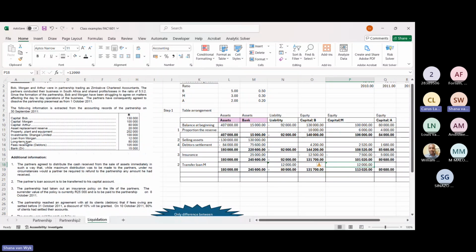So you're debiting the partner's loan because you're transferring it over to the capital. So the debit will have a credit. So then obviously it's going to be on the capital side. Capital is a credit, so it's going to be a plus. Well, technically speaking, but in this case, we have to show a negative because you have to disclose credit balances as a negative. Oh, sorry, I see what you mean. So all of this should have been negative, is what you're saying.